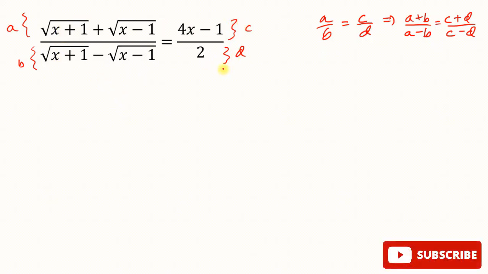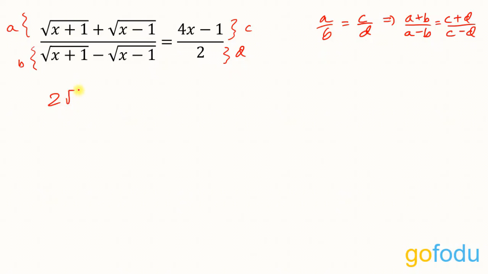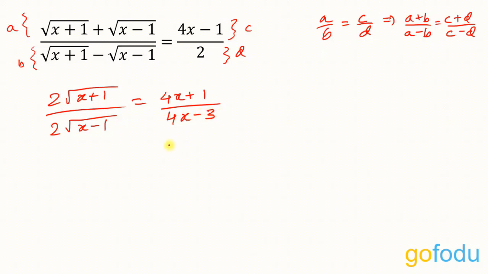So we will add A and B and put in the numerator here. A plus B would be 2 times root of x plus 1 upon A minus B would be 2 times root of x minus 1. This would be equal to 4x minus 1 plus 2 is 4x plus 1 upon 4x minus 1 minus 2 is 4x minus 3. 2 and 2 will get cancelled.